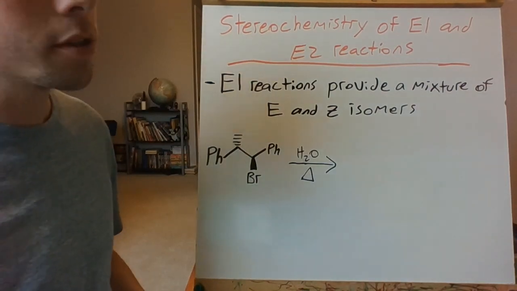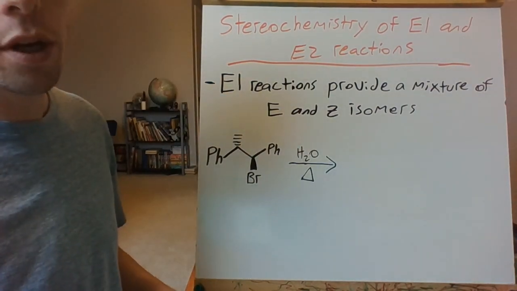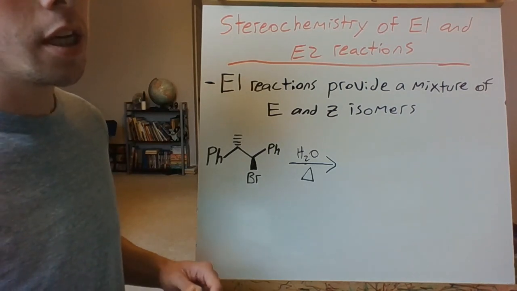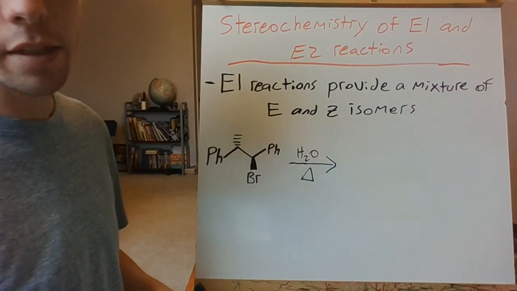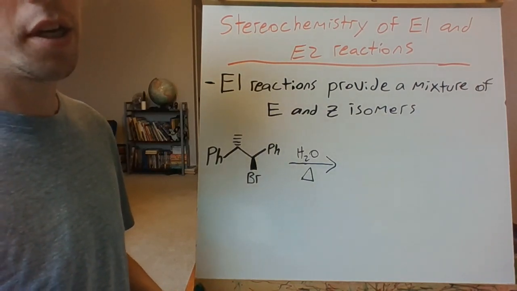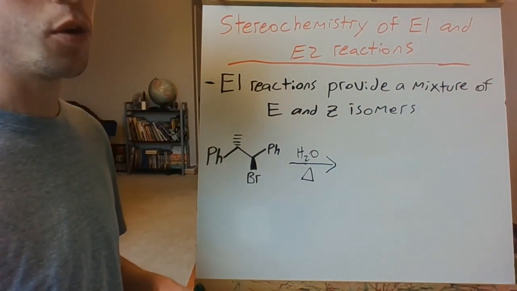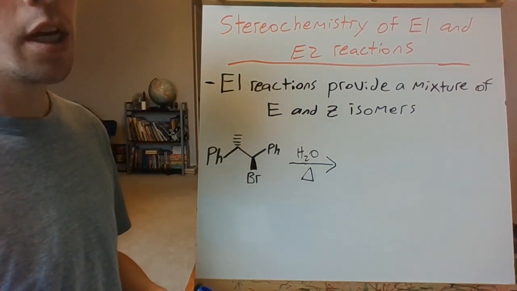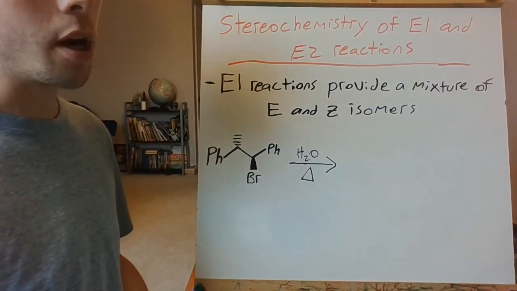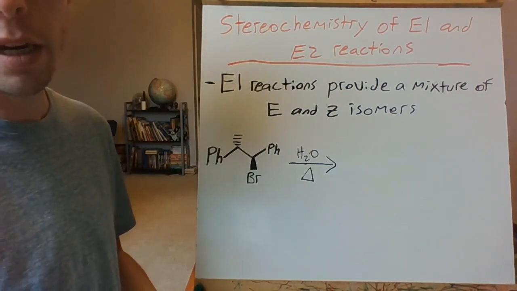All right, let's talk about the stereochemical outcomes of E1 and E2 reactions. We talked about the stereochemistry outcomes of SN1 and SN2 reactions. We saw that in SN1 reactions, if we start with one chiral enantiomer as a starting material, then we get a racemic mixture in our product because we generate a carbocation.